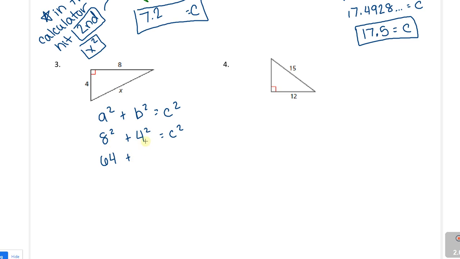We're adding it to 4 squared, which is 16. So 64 plus 16 gives us 80. And then we are going to take the square root of both sides. So the square root of 80 is equal to 8.9. That is rounded.